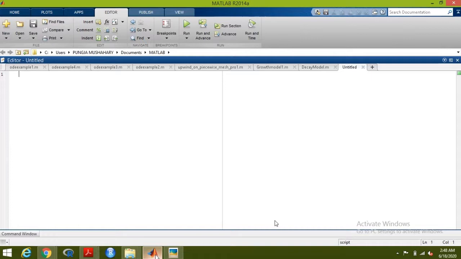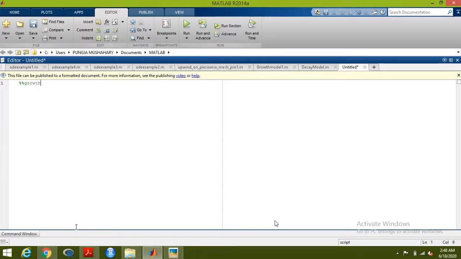Okay, let us start here. The code will be of a similar type as you have done in the exponential decay model.